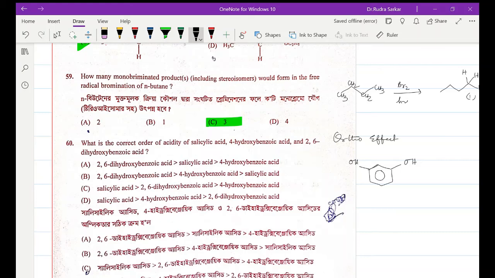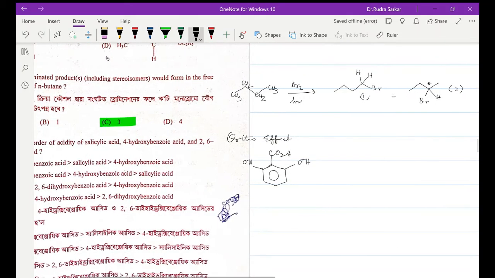So this one, because of the ortho effect, will be more acidic than salicylic acid, which is that one, which will be more acidic than 4-hydroxybenzoic acid.